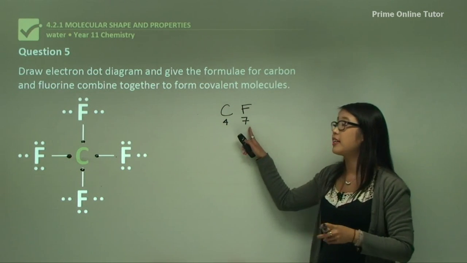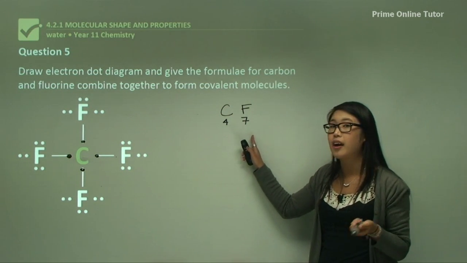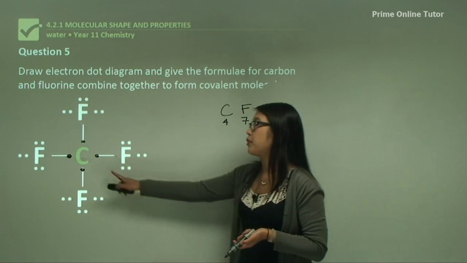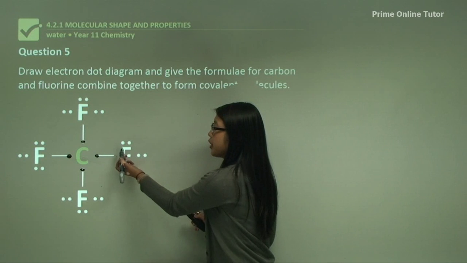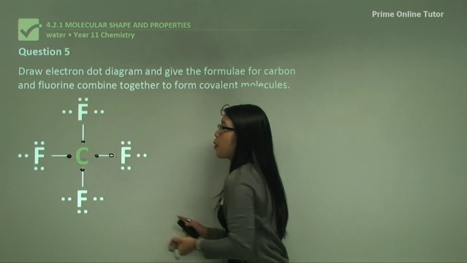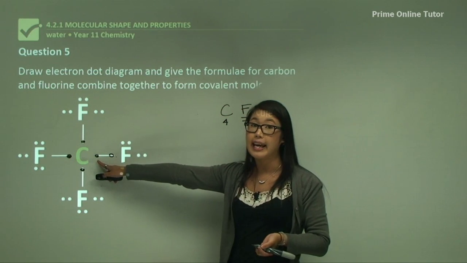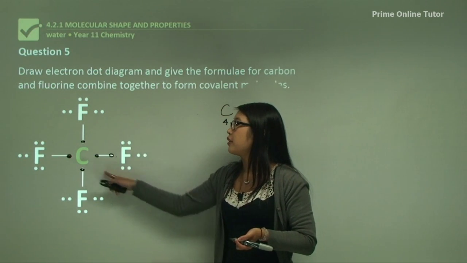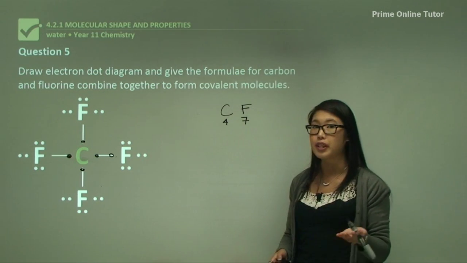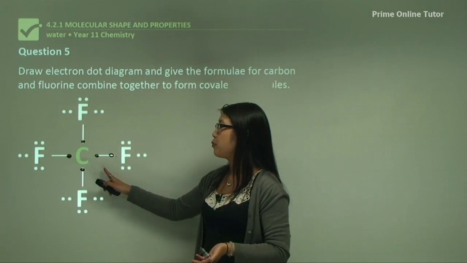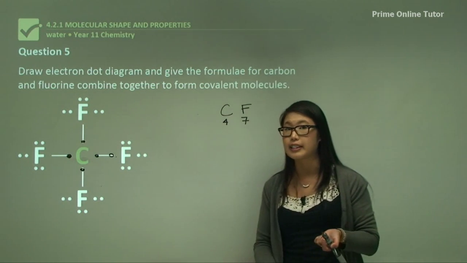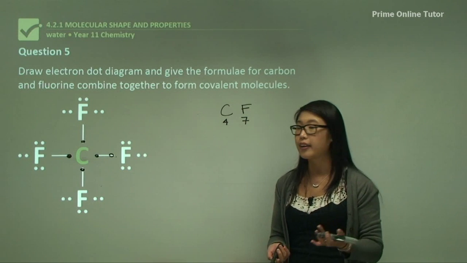Fluorine, we know, has 7 electrons in its outermost shell, and therefore it only really requires 1 more to make a bond with carbon. So fluorine has 1, 2, 3, 4, 5, 6, 7 electrons, plus the 1 from the carbon gives us 8, and therefore the valence shell of fluorine is filled. If we do this 4 times, then the carbon will have 1, 2, 3, 4, 5, 6, 7, 8 electrons in its outermost shell, and that's what we need.